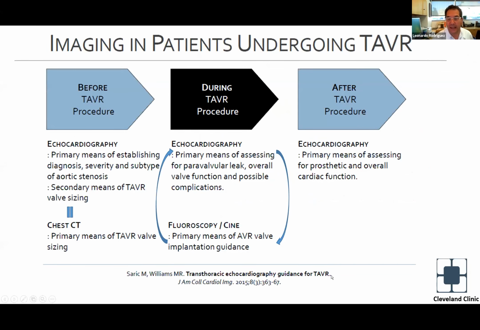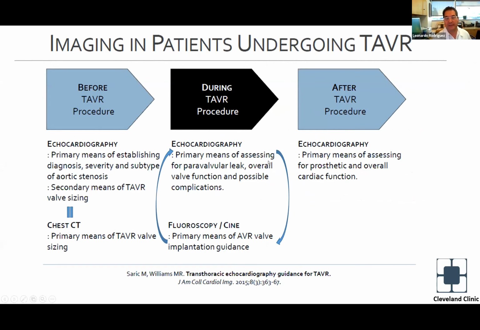El doctor Sarik también publicó esto hace unos 2 años, donde él habla del papel de las diferentes modalidades antes del procedimiento, por eco y tomografía computarizada, y durante el procedimiento, que ahora es fundamentalmente fluoroscopia y muy poco la ecocardiografía, al menos en los centros donde se hacen estos procedimientos en gran volumen.